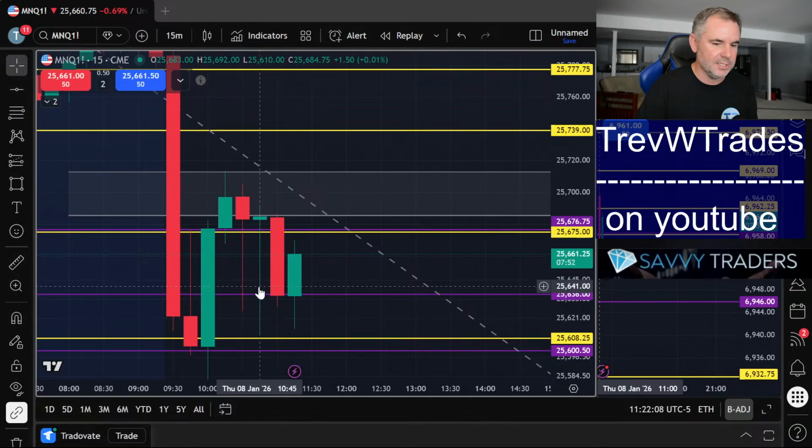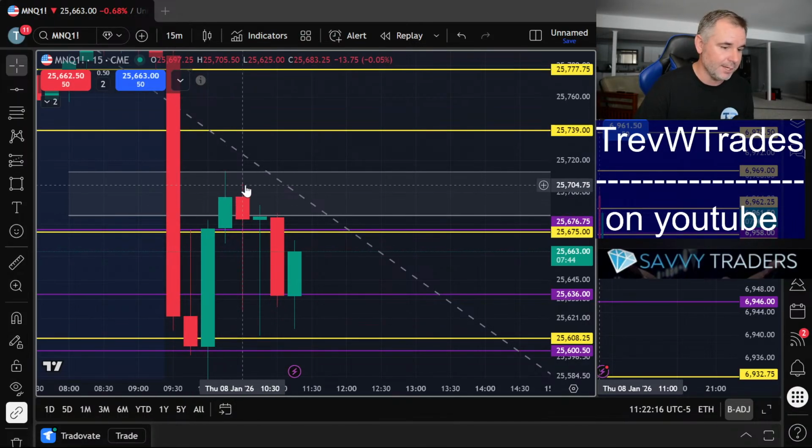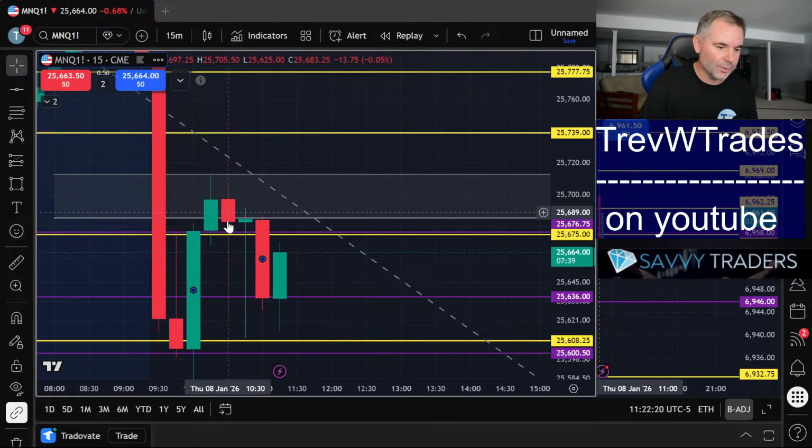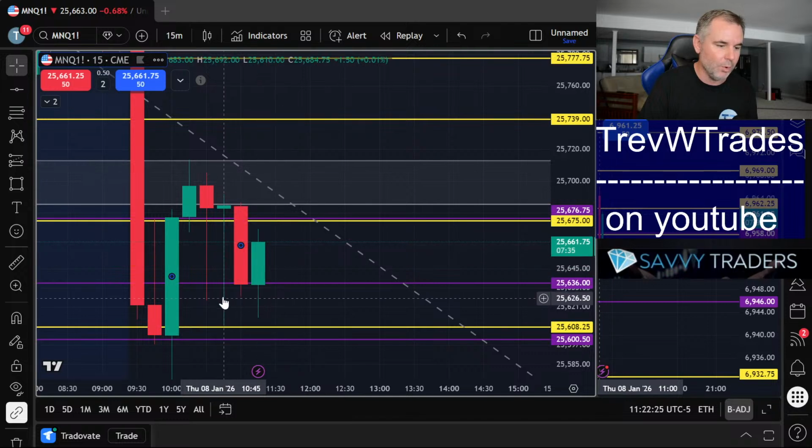We were holding the 60%, and you can obviously see why we put these fibs on. We hit the discount of the range perfectly. And then we sold off, and I was up 40 points at one point. But I should have taken it right here at the level.